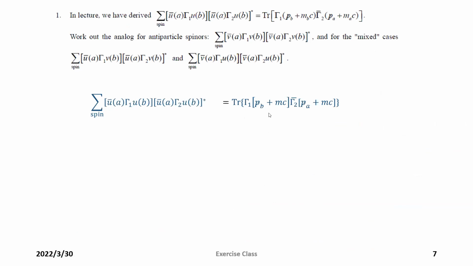For any particle spinor, the completeness relation is like this, so we just replace all the plus signs by the minus sign.